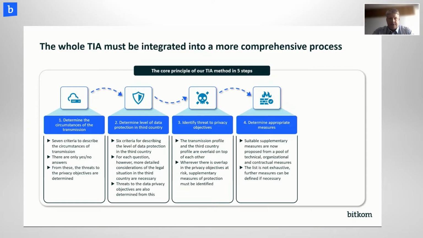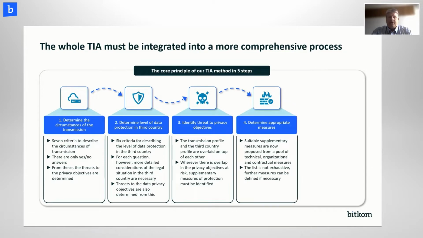The approach to look at individual transfer scenarios is much more realistic than if there were a need to come up with comprehensive appropriate measures that are designed to cover every single transfer scenario, which would be again much closer to an adequacy decision, which the tool cannot and is not designed to enable.